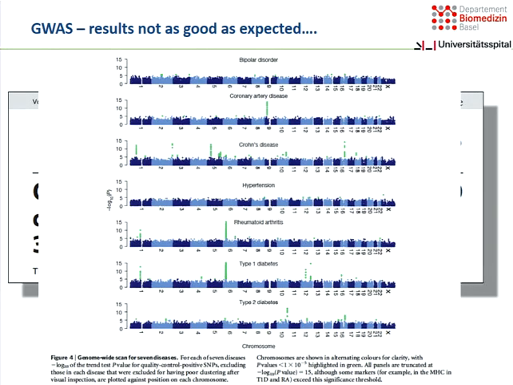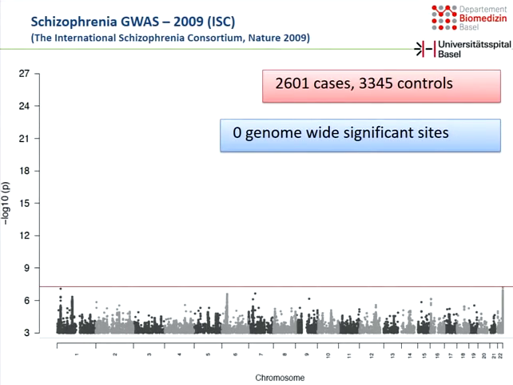It was an enormous discussion at that point, and I think that is important, because our expectations at that time were that we have common variation in the genome that has considerable effect sizes, and with a sample size of 2,000 patients and 3,000 controls, we should see a number of these variants popping up.